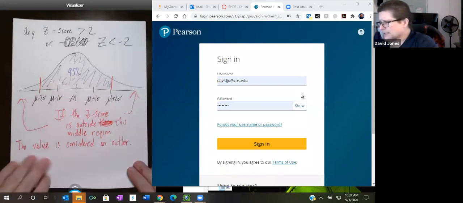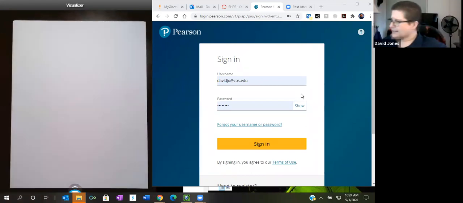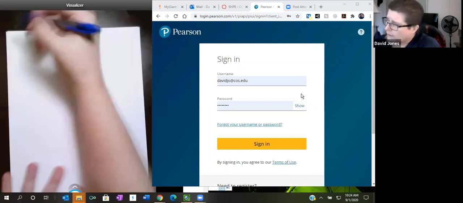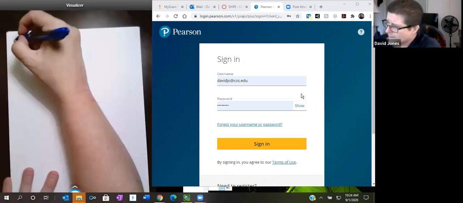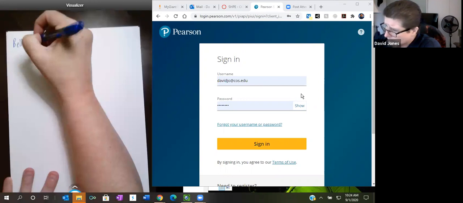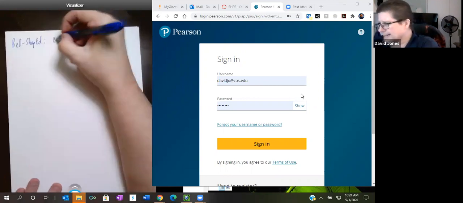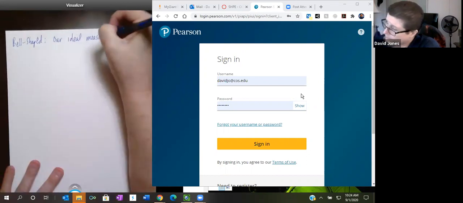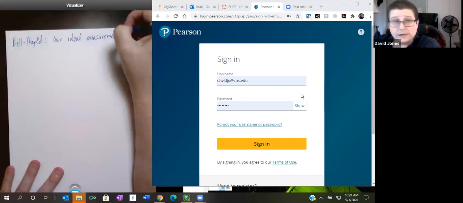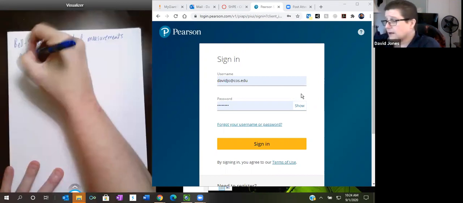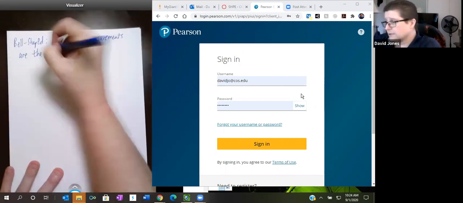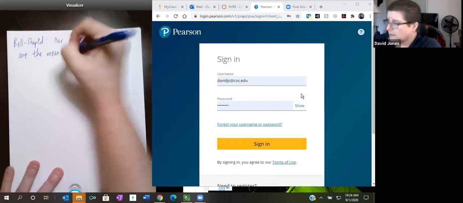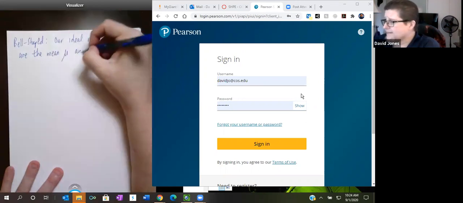So let's get back to talking about central tendency again. Recall for bell-shaped, our ideal measurements are the mean, mu, and deviation, sigma.